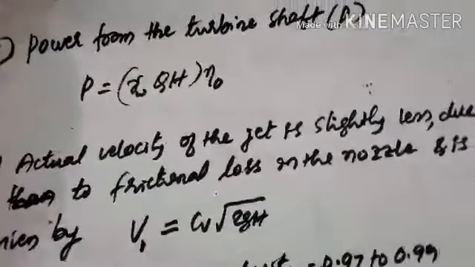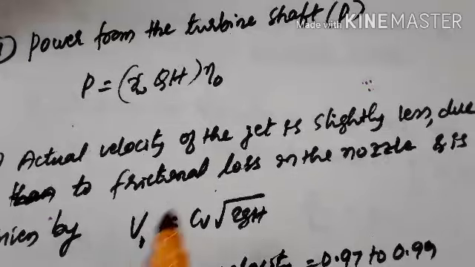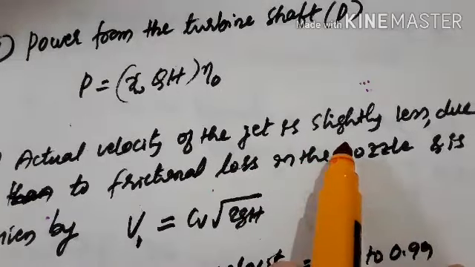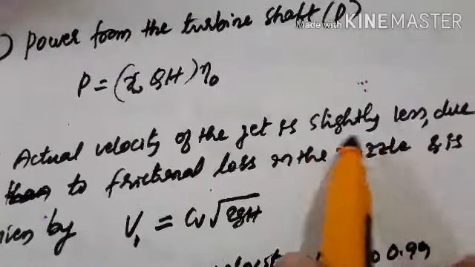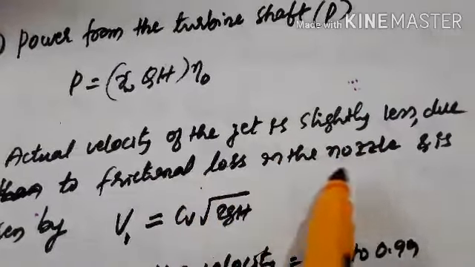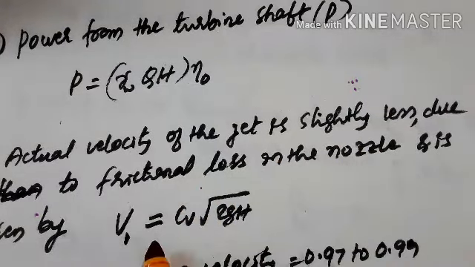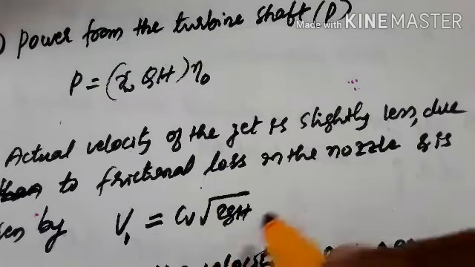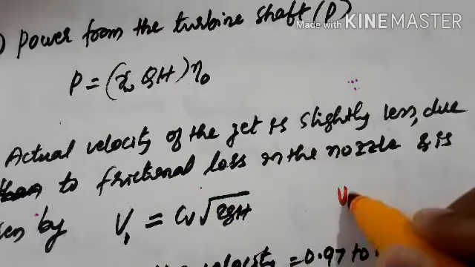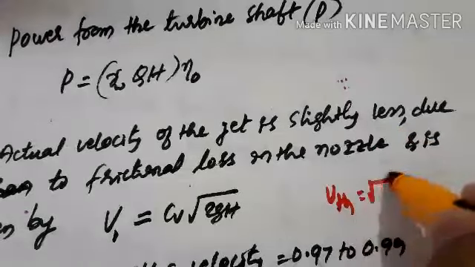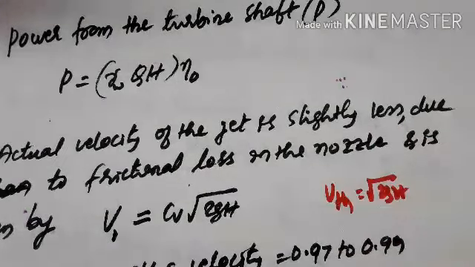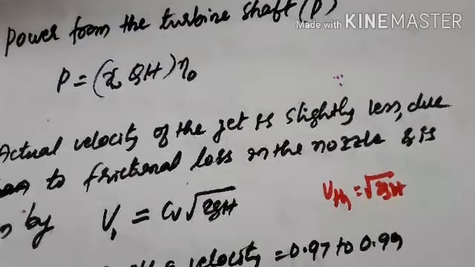Then the actual velocity of the jet is slightly less due to frictional loss in the nozzle and is given by V1 equal to CV into root of 2gH. We know the theoretical velocity is root of 2gH, but the actual velocity, as water is flowing through a penstock, decreases because of frictional losses.